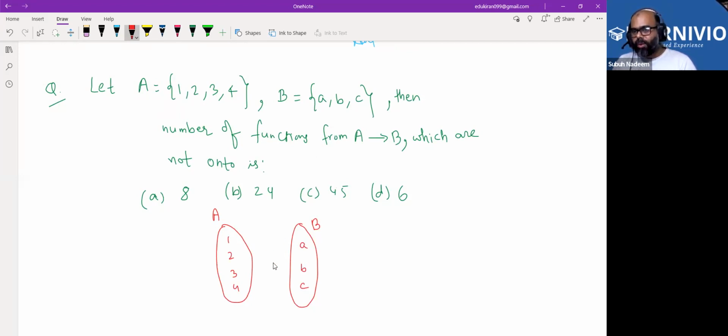That means you have to do a mapping such that it is not an onto function. What is onto? That all the elements in set B have pre-images. But here it is saying that all the elements in set B will not have the pre-image. Some element or elements may remain unmapped. So how many such cases can we count?